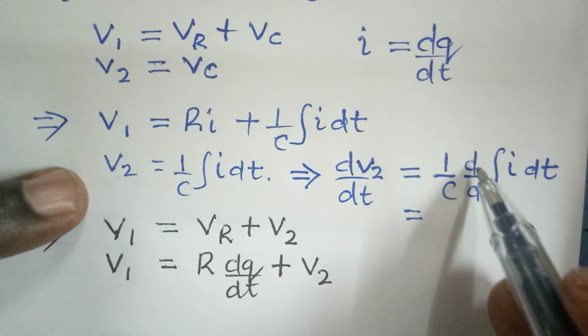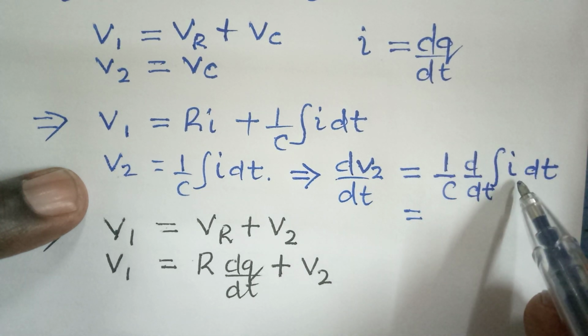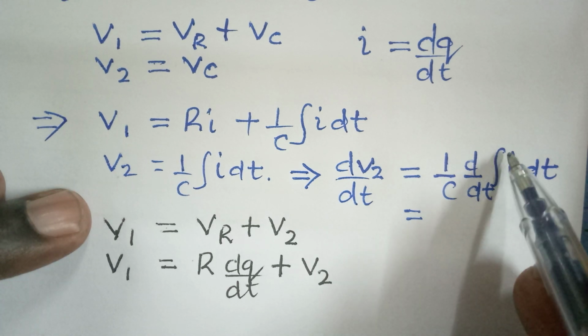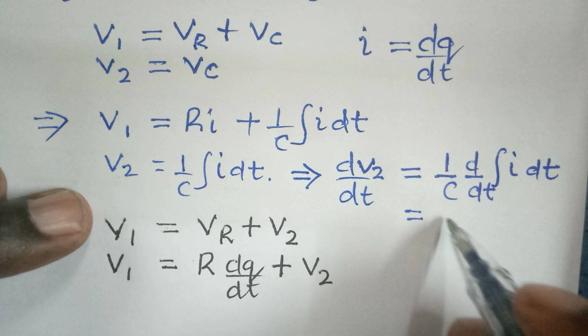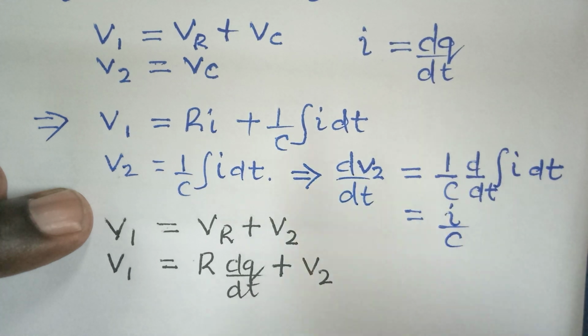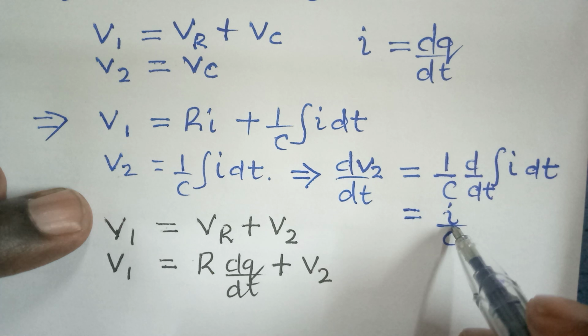Remember that when you differentiate, you reverse, meaning it will now be as it were before we had put the integral. And so we shall have I over C. This is our solution.